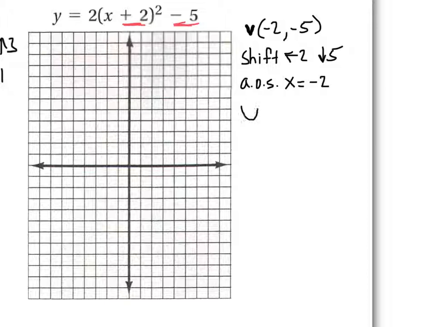So since this opens up, we have which, a max or a min? We have a minimum. So our minimum value is -5. It's that y value of our vertex. All right, so we have all that good information. The next thing we need to do is make a t-chart.